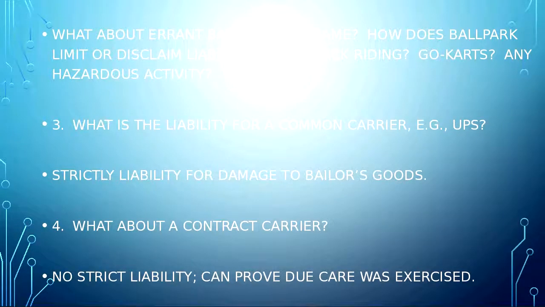What about contract carriers? Well, there isn't strict liability, but you have to demonstrate that due care was exercised under the circumstances. But again, if you can show negligence, then there may be liability.